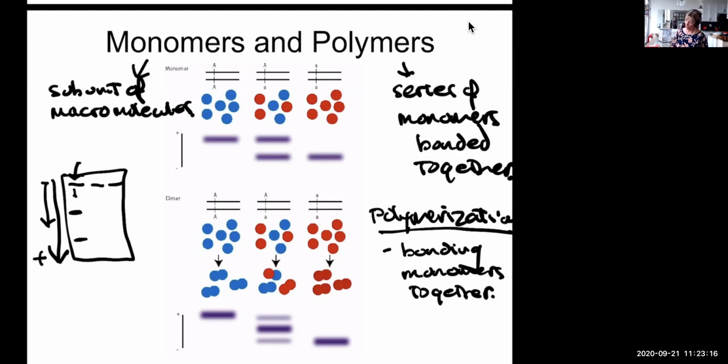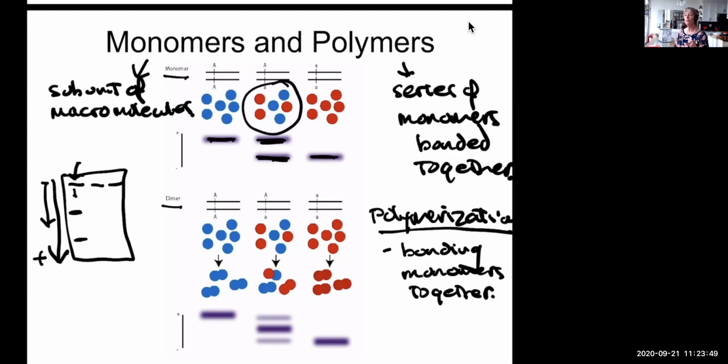So for example, these blue ones are longer and larger than the red ones. So if you know the size of the blue ones and where they end up on the agar gel, and you know the size of the red ones and where they end up on the agar gel, then if you have a mixture, as in here, you can see that the bands line up, and you must have both of them present. So in this case, these are all monomers. In this case, we have the possibility of dimers.